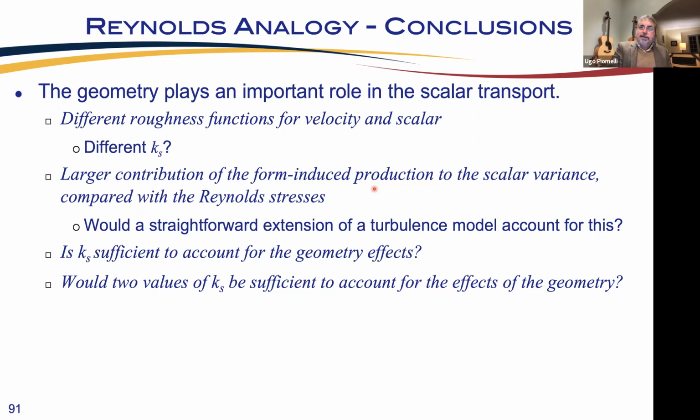Here it seems that the physics are quite different. So that straightforward extension doesn't appear to be justified. Is Ks sufficient to account for the geometry effect? Probably not. Even two values of Ks, one for the scalar and one for the momentum, probably would not be sufficient to account for the effects of the geometry.